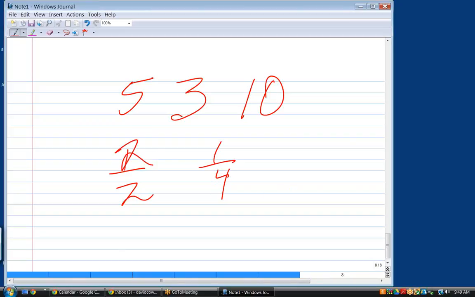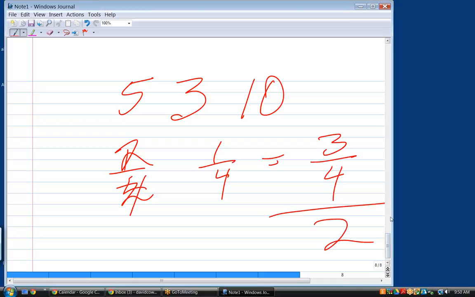This is 2/4. So it's 3/4 was what I got when I added them together. Now if I divide by 2, what's that number? Well, what's this number here? Sorry, I didn't word it very well. What's 3/4 divided by 2?